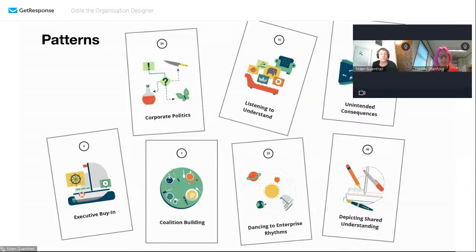Yes, thank you, Naomi. So just a few things that came up. These are some of the patterns that I found in Odile's story, like dealing with corporate politics, listening to understand different stakeholders, adjusting to the way the enterprise plans and does projects. That's what we call the rhythms, building coalitions, getting executive buy-in, and making maps, for example, to depict shared understanding.